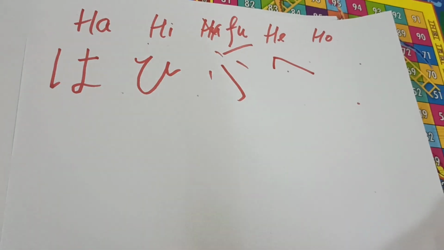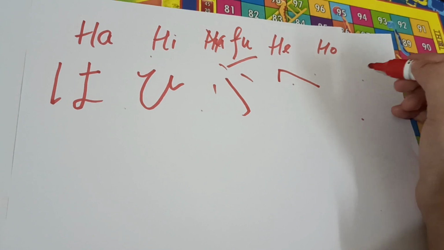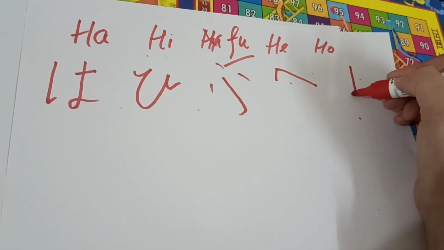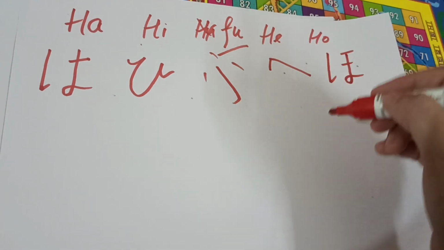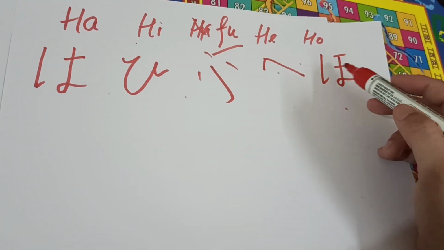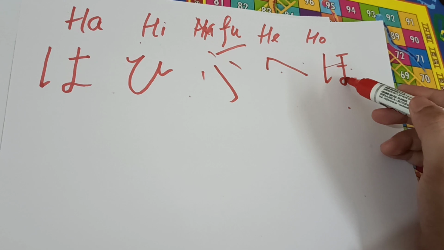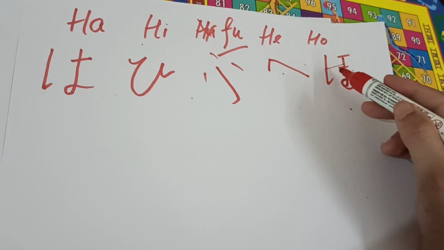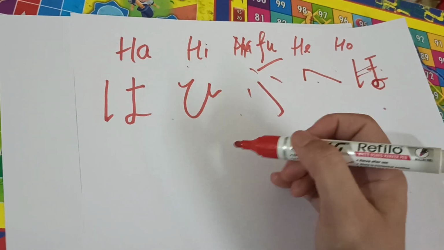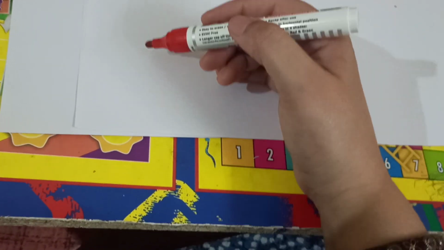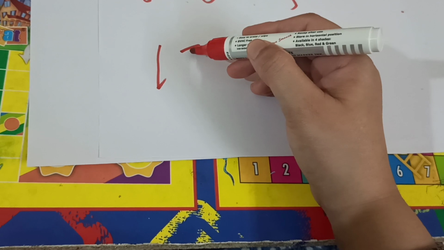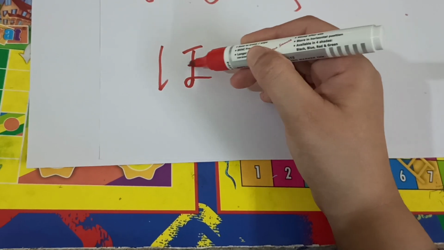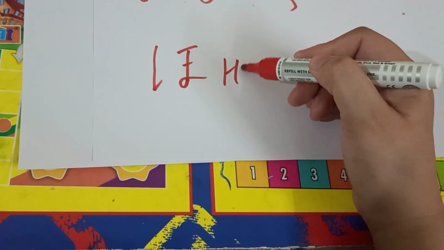Next is ho. Ho is like H-O, ho. So ho, you can remember this like ho.